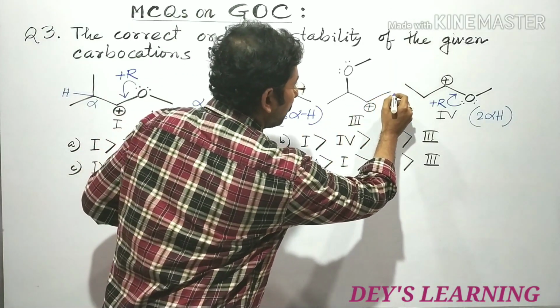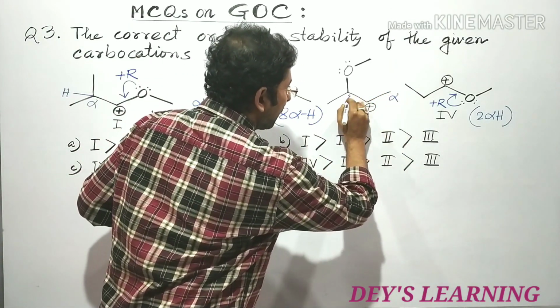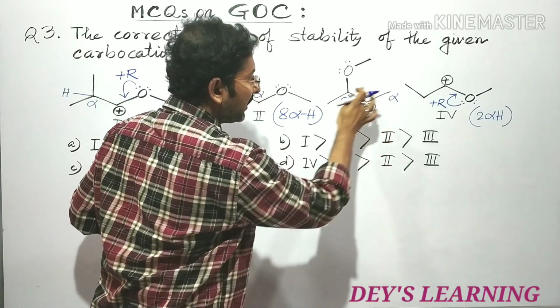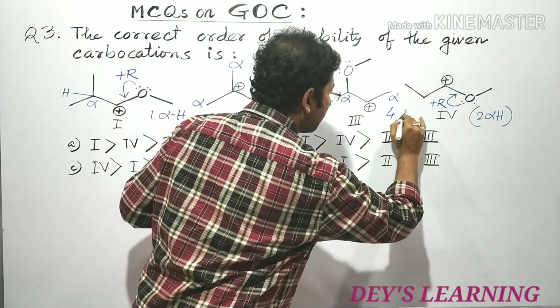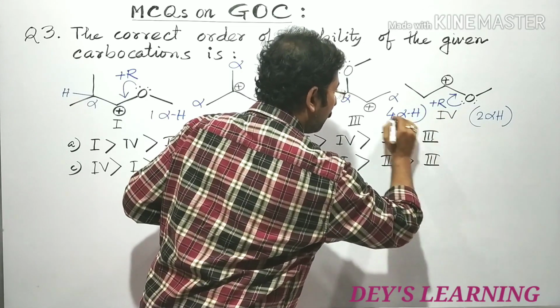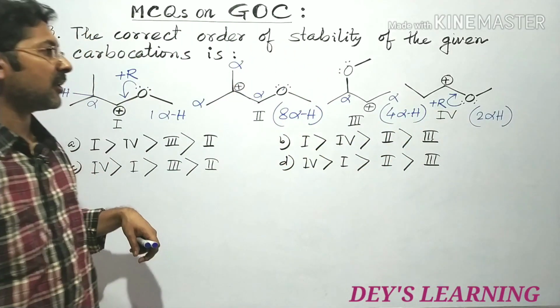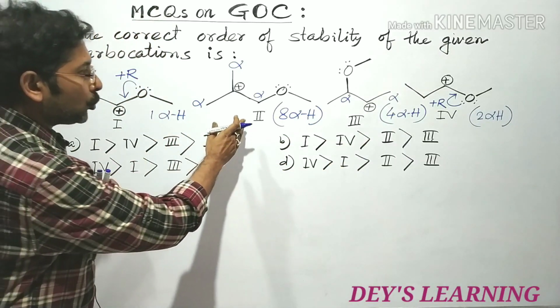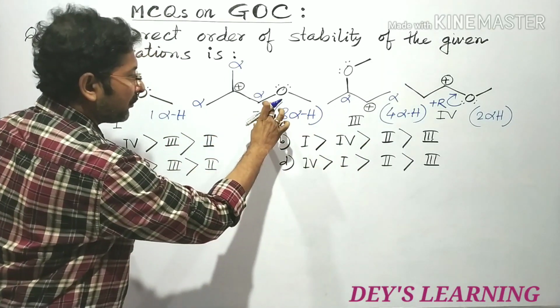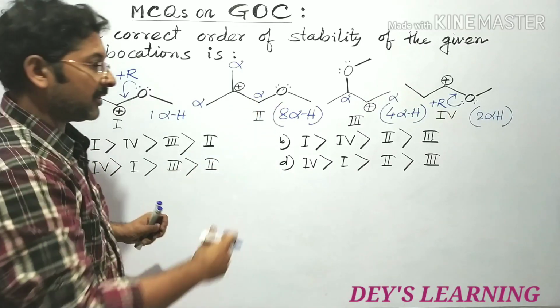In this carbocation, this is alpha carbon, this is alpha carbon. Here it contains 3, here it contains 1. So there are 4 alpha hydrogens. So there are 4 hyperconjugated structures possible for this carbocation. So between 2 and 3, definitely the second carbocation is more stable than 3.